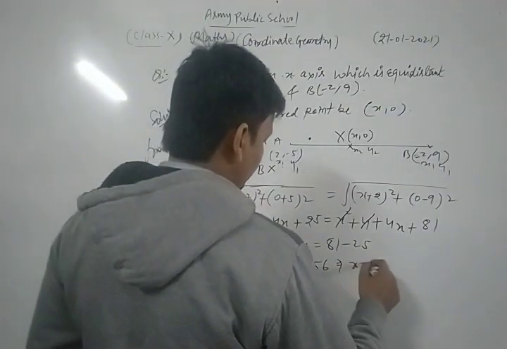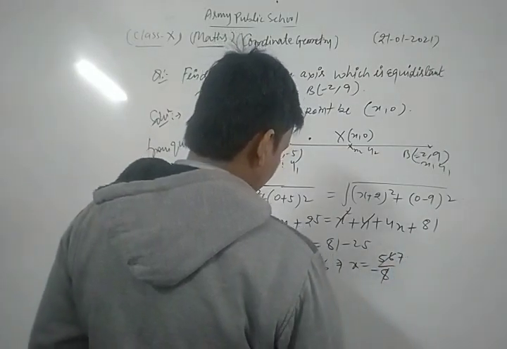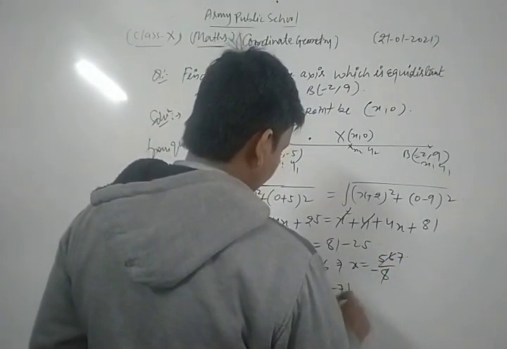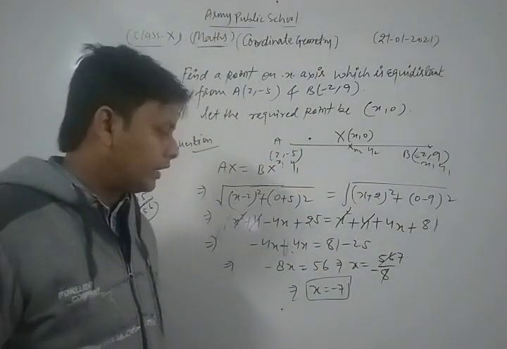So the value of x is 56 upon minus 8. 8 times 7 is 56, so x is minus 7. Thus after solving, we get the value of x is minus 7.